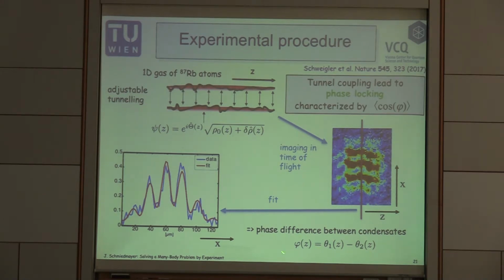And this phase difference between the condensates is exactly the field phi, which is in the Sine-Gordon model to be looked at. We can characterize the phase locking or the coupling of the two systems by this quantity, average cosine phi, which is a coherence factor of the system, which can be directly mapped to these parameters in the Sine-Gordon model. So we can basically play around with that.